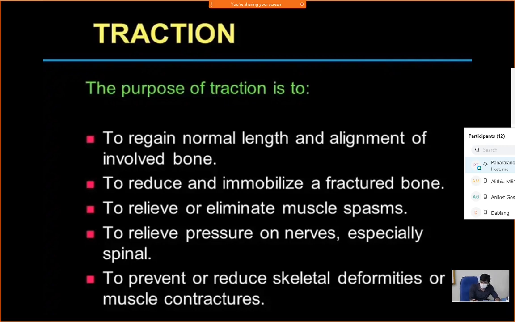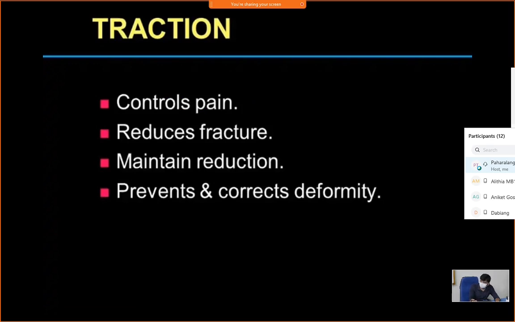To prevent or reduce skeletal deformities and muscle contracture. Like in foot drop, you have to give traction with a Braun's splint and pulley to prevent foot drop, and to prevent deformities we also use traction. It controls pain, reduces fracture, maintains reduction, and prevents and corrects deformity.